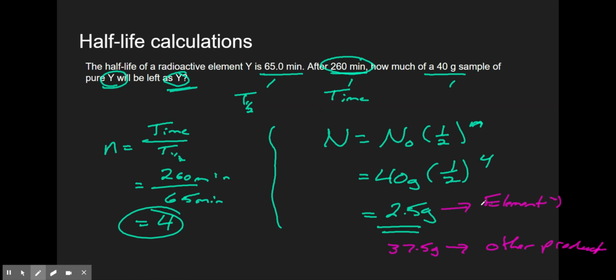So again, we're not going to forget that there's still other material involved here. This is the part that we solve for: how much is remaining as element Y? On the flip side, there's still some material there that is the daughter nuclei. But again, the daughter might be radioactive and decay into another nuclei. But for this calculation, it's either element Y or it's something else.